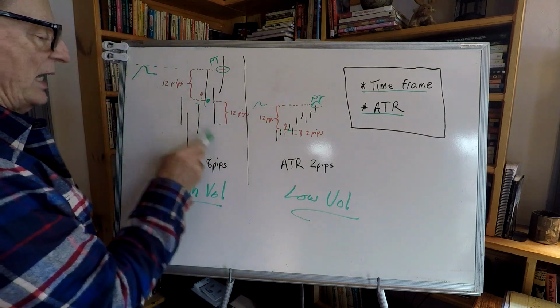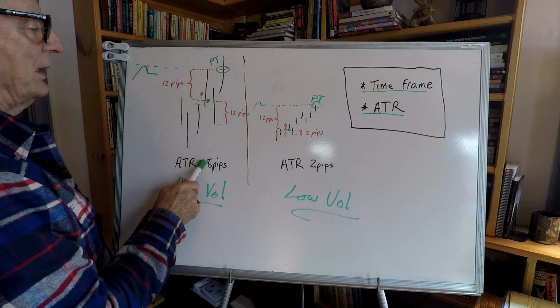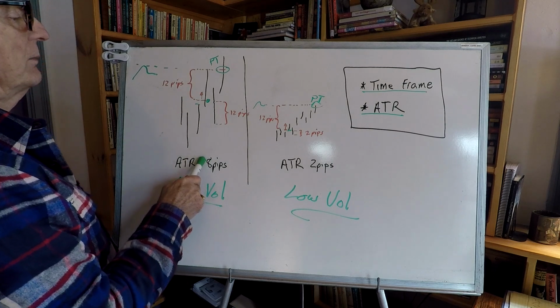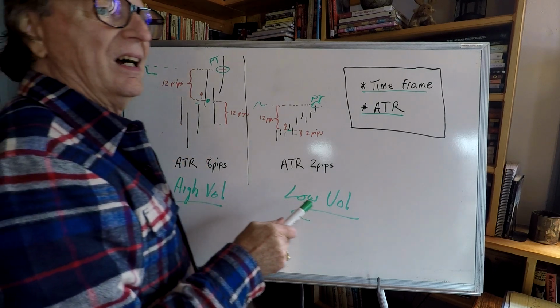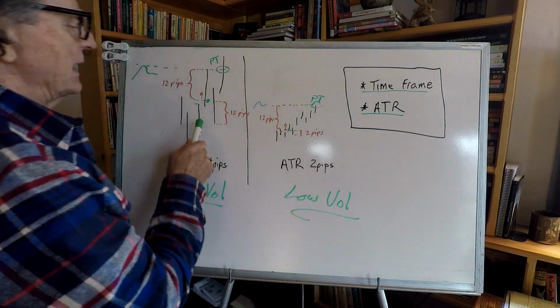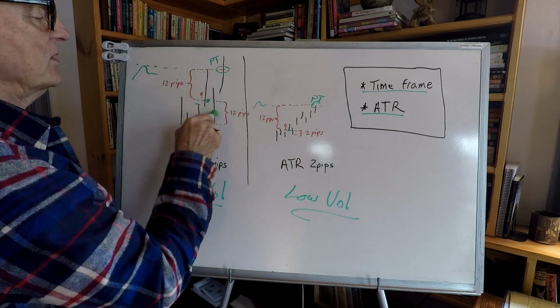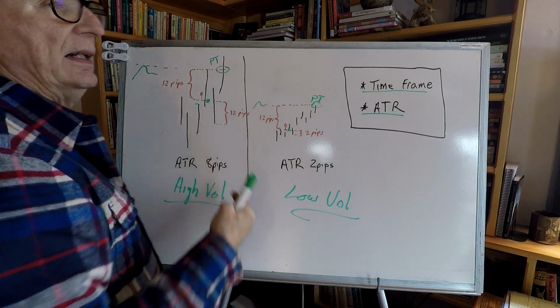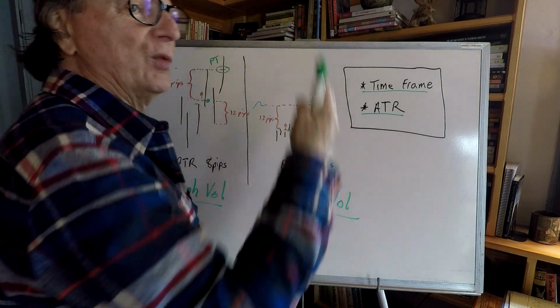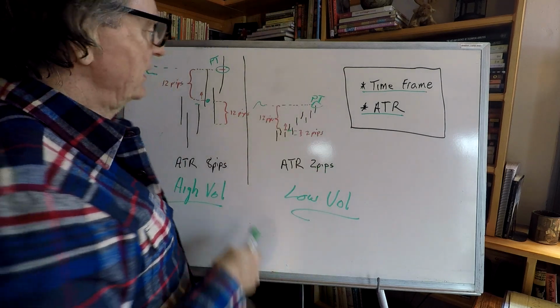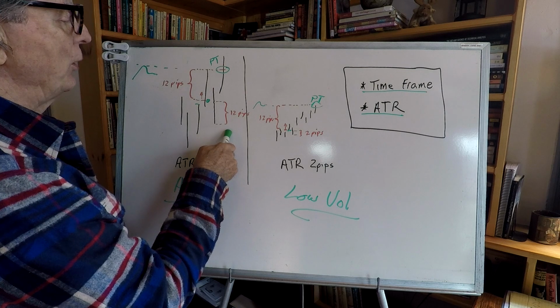If I'm looking at this ATR of 8 pips to 10 pips, where the normal ATR is 5, then I have to expect that I'm going to get some retracements. Well, what happens if the ATR is ATR in a positive way? How about an ATR in a negative way? So I got a 12 pip pullback here.